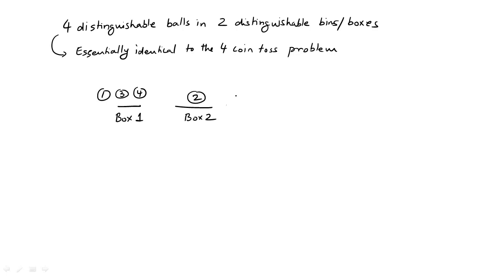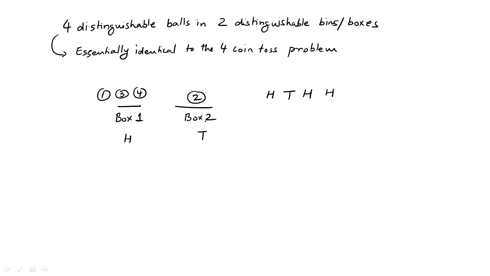Then this is equivalent to the outcome with the first coin being heads and the second coin in box 2 being tails. We could label box 1 as heads and box 2 as tails. So coin 2 is tails, coin 3 is heads, and coin 4 is heads.